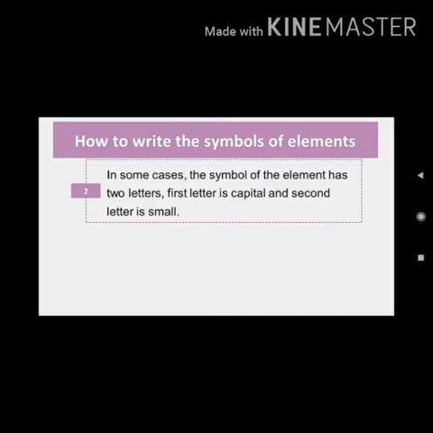In some cases the symbol of the element has two letters, the first letter capital and the second letter small. For example, calcium: the first letter is written as a capital C, and in Ca, the a is written as a small letter.